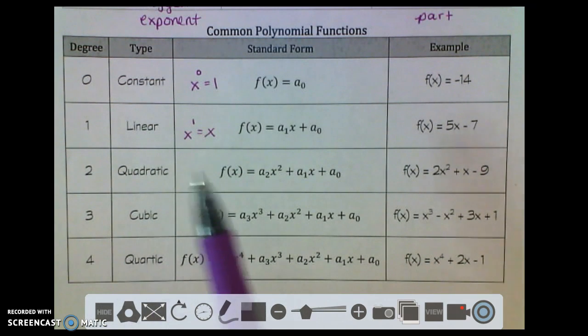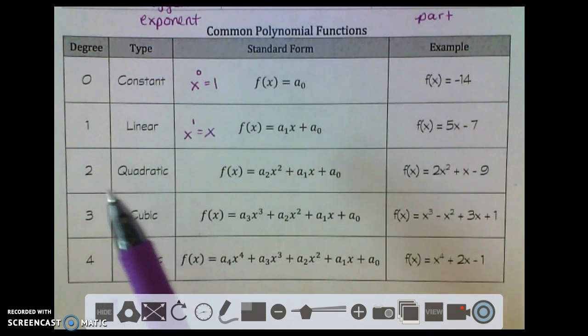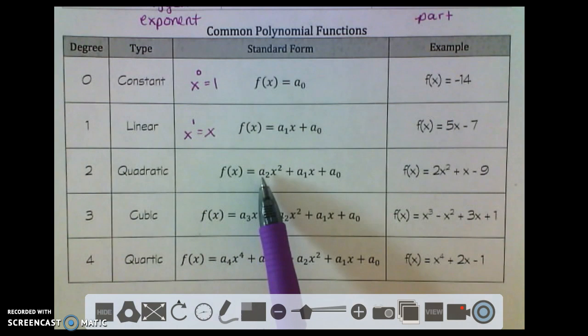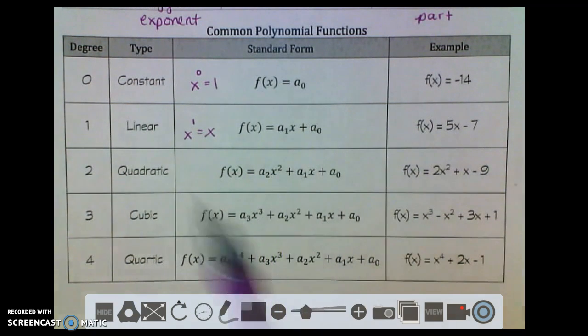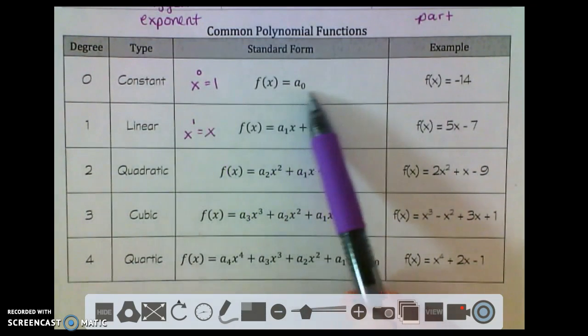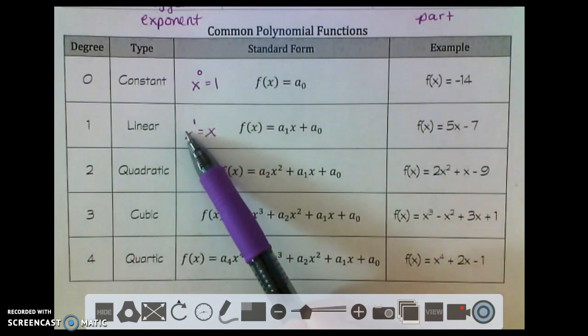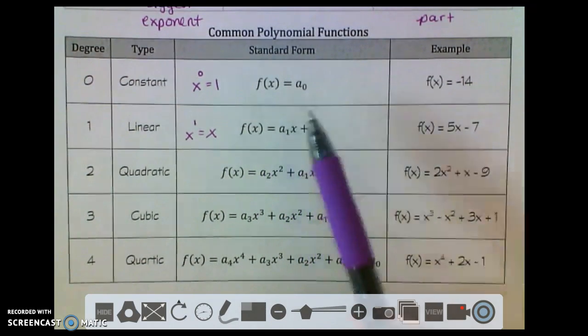A quadratic equation or function has a degree of 2. We can see here that our highest term here will be x squared with x as 2. So we can see that this is our highest exponent is 0 because we don't have one. Here our highest exponent is 1 because there's our only x with an invisible exponent.